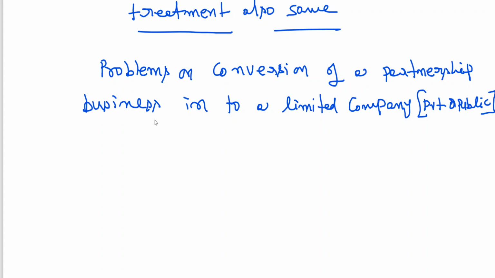I won't be discussing much about it, as we'll have amalgamation of companies anyhow. That plays a very important role. Generally there are two basic methods: the net worth method or the lump sum method. Net worth means assets taken over by the purchasing company at an agreed value, minus liabilities taken over by the new company at agreed value. Assets minus liabilities is equal to net worth or purchase consideration, and that is what we have to calculate.